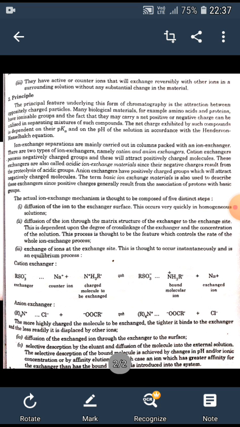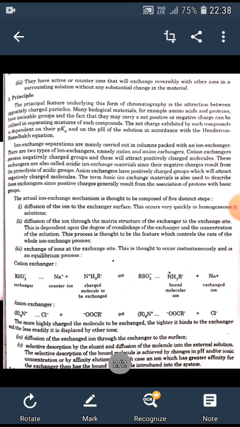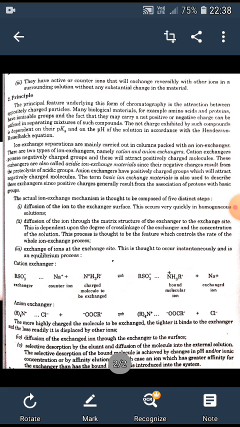And the last step is the selective desorption by the eluent and diffusion of the molecule into the external solution. The selective desorption of the bound molecule is achieved by changes in pH or ionic concentration, or by affinity elution, in which case an ion which has greater affinity for the exchanger than the bound molecule is introduced into the system.